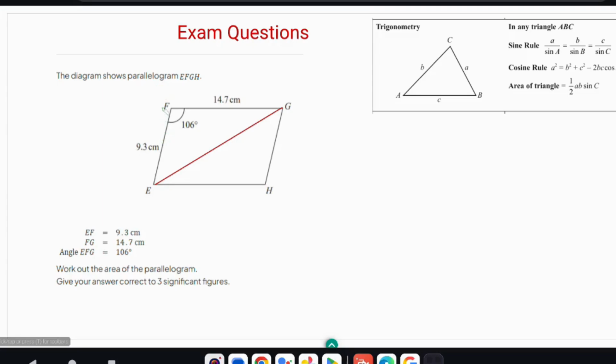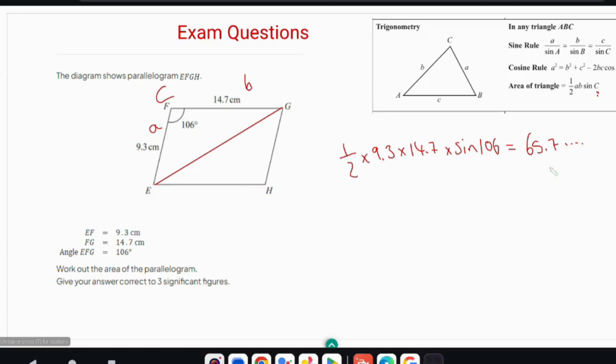No, it's not. It's going to be big C because I'm working out using that, not cosine rule. So big C, a, b. So half times 9.3 times 14.7 times sine 106 is 65.7.